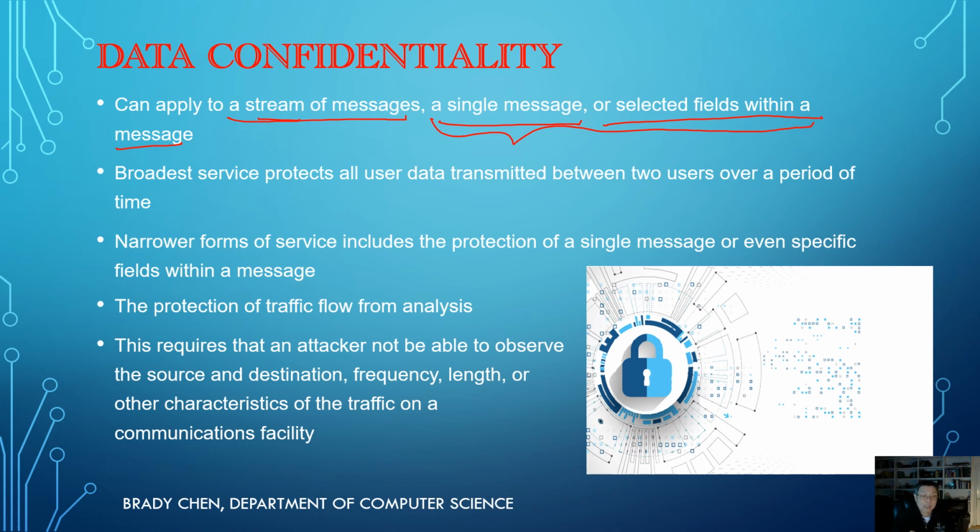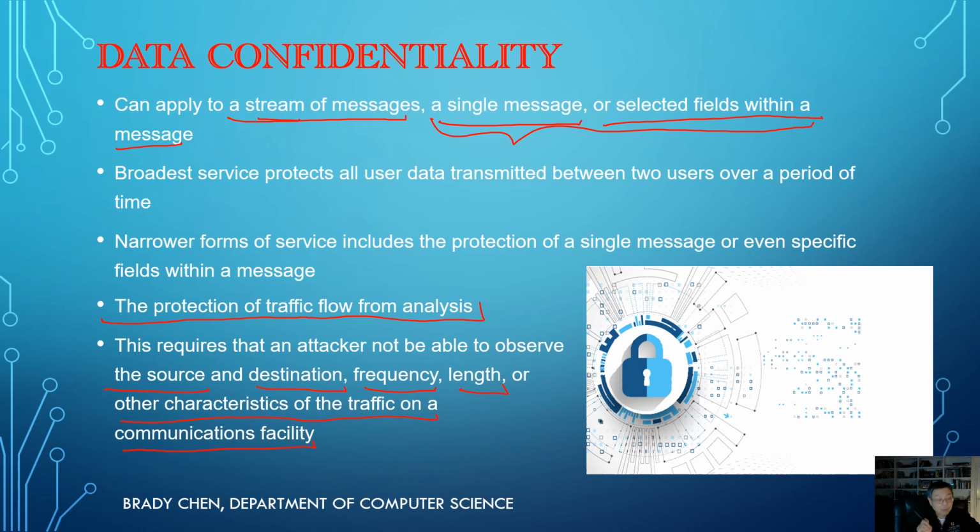Now, the other aspect of confidentiality is the protection of traffic flow from analysis. This requires that an attacker not be able to observe the source and destination, frequencies, length, or other characteristics of the traffic on the communication facilities.